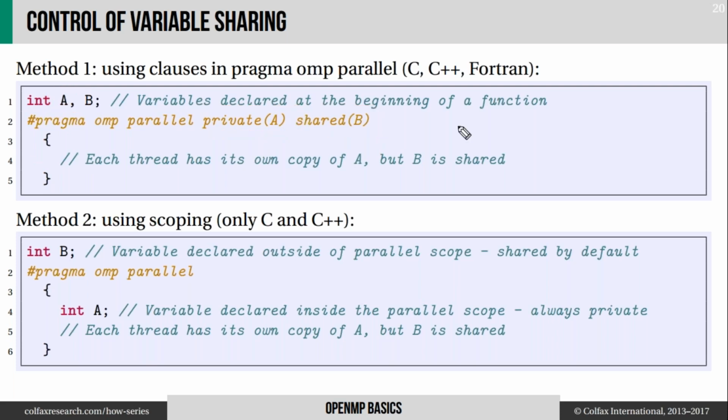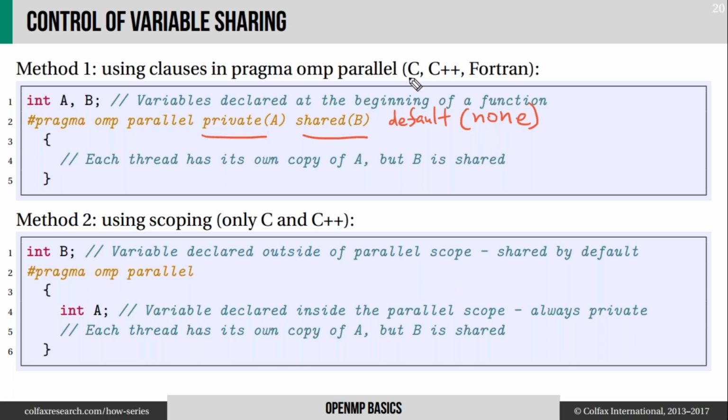I will show you in the hands-on exercises how this is useful, because I can also change the default behavior to none. It is useful when you are parallelizing an existing code, because with no default behavior, the compiler will look for every variable in the parallel region, and if you forgot to declare this variable as private or shared, it will complain. This is important because getting the variable correctly labeled as private or shared is crucial for getting correct results.